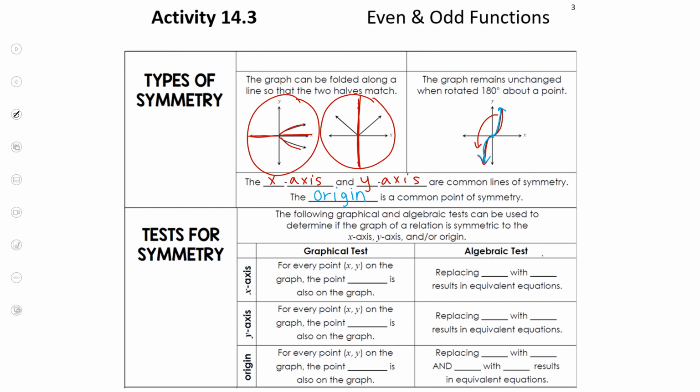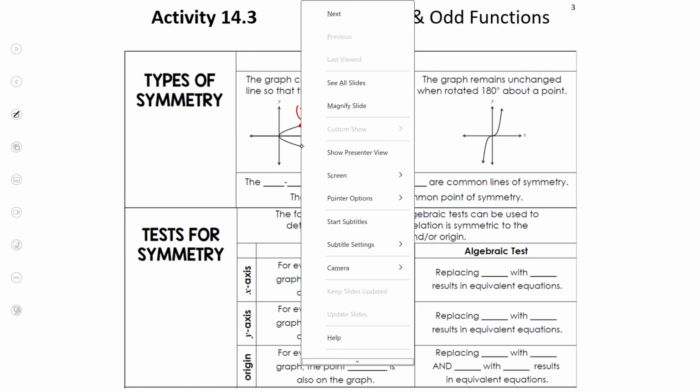Okay, so let's do some tests for symmetry. You can do a graphing test. So let's look at what we already have. Let's say I have a point right here on this line, and I'm just going to make it up. I'm going to say this is at 3, 1. What is this point right here?